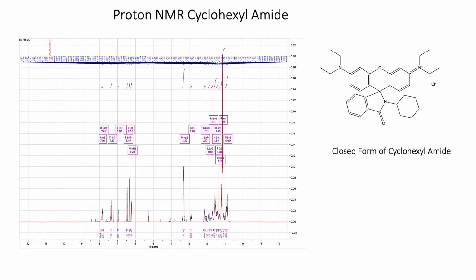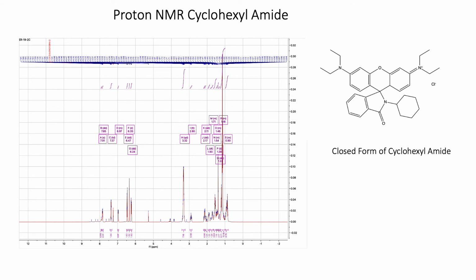Another important NMR sample, again a proton NMR sample, is that of the cyclohexylamide. And this was again another compound that we made earlier on with validating the synthetic method that I've explained in this talk. And this NMR helped to reiterate that the synthesis worked and that we had created the projected compound.